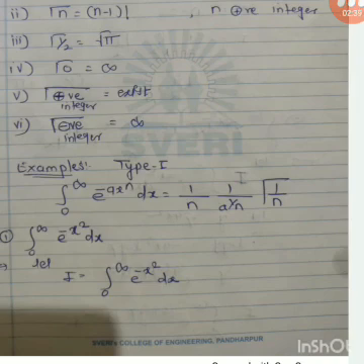Gamma of a positive integer always exists by the definition, but gamma of a negative integer is infinity. That means gamma of minus 1, gamma of minus 2, gamma of minus 3, gamma of minus 4 is equal to infinity, and gamma 0 is also infinity. Okay, these are some properties of the gamma function.